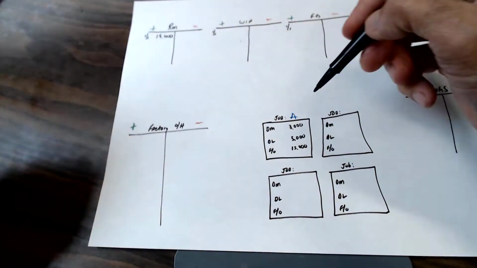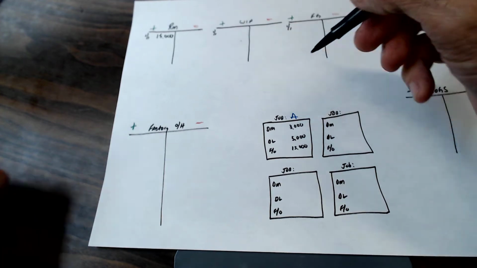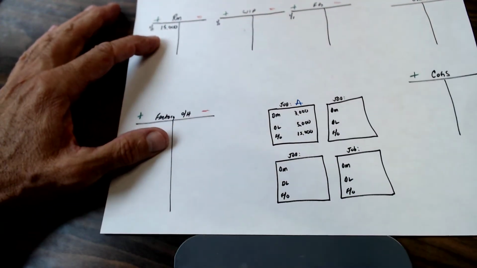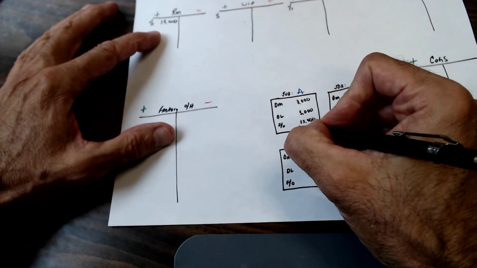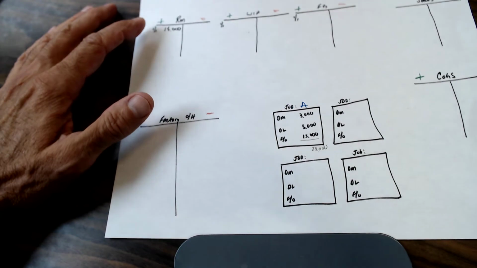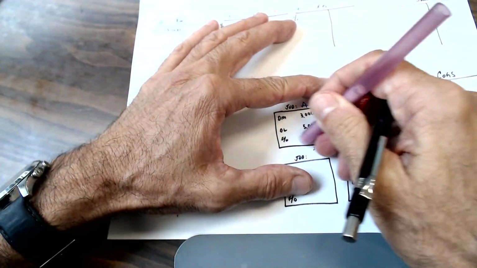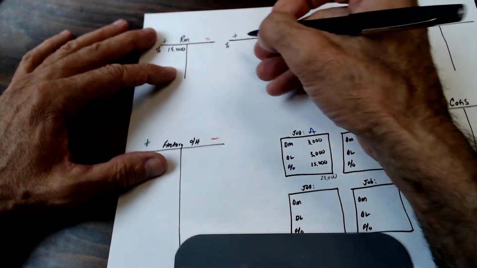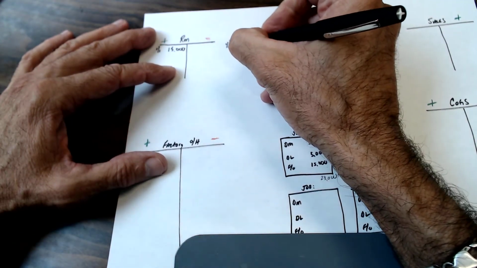This job has already cost a total of $23,000. So right now, this job cost is at, well, I'm going to put it right down here, $23,000. And those costs were all incurred in December, but because the job's not done yet, that job is still sitting here in work in process.